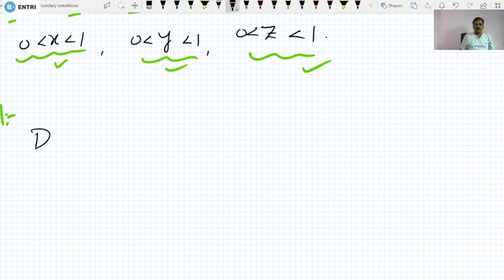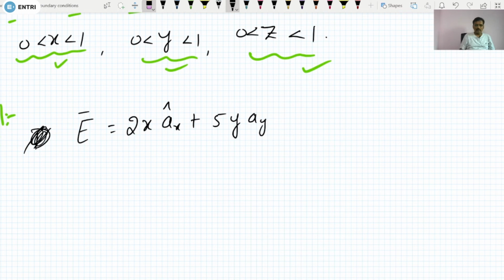So what they have given is E bar equivalent to 2x ax cap plus 5y ay cap plus 3z az cap.